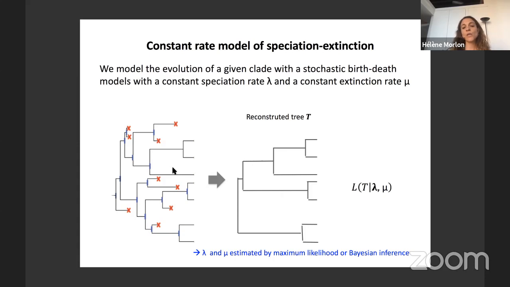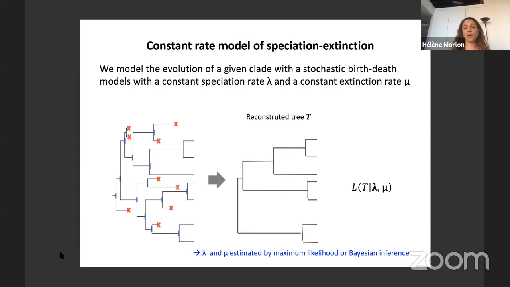What we're able to do is to compute the likelihood of a reconstructed tree, so the tree of the species that are alive today, under this process of constant-rate speciation and extinction. And so if we use, again, maximum likelihood or other types of statistical techniques, we can estimate the parameters lambda and mu, which we are interested in, so the speciation rate and extinction rate of species.